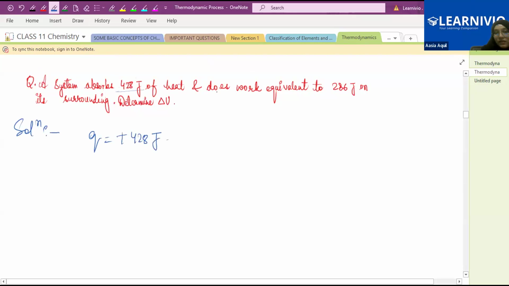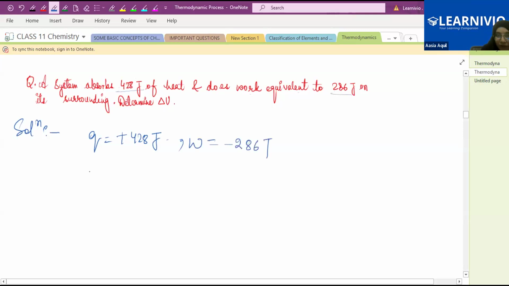And it does work equivalent to 286 joule on its surrounding. Who is doing the work? The system is doing work on its surrounding. So here the work is done by the system, and if the work is done by the system, W has a negative value. So it's minus 286 joule.